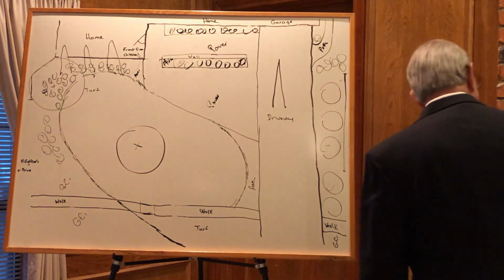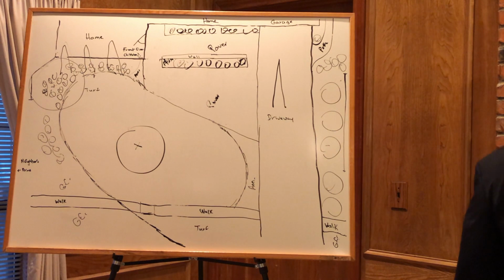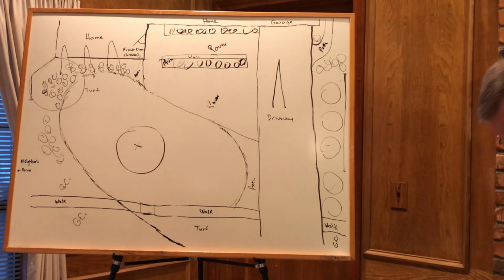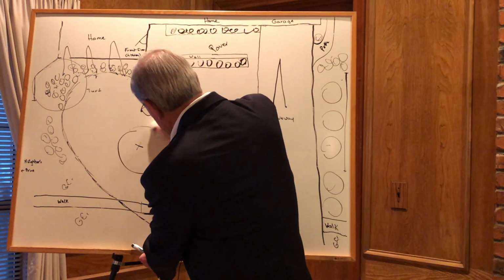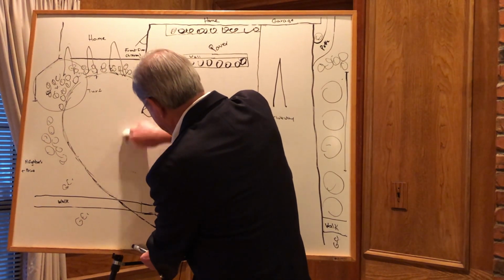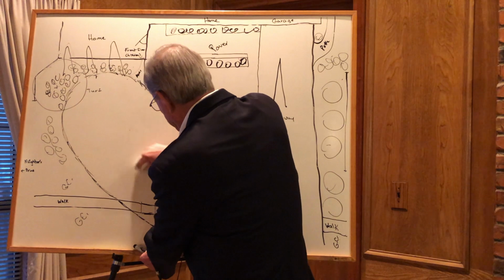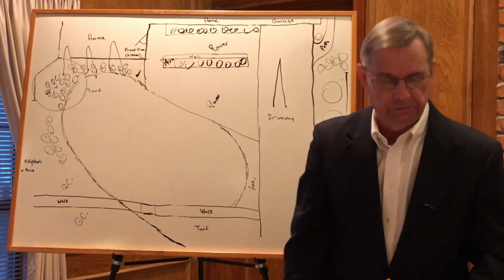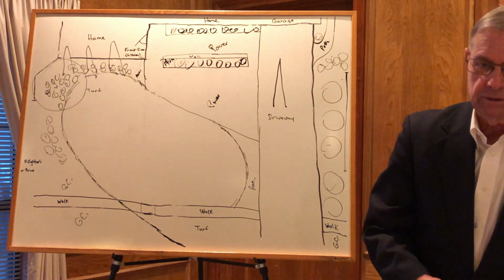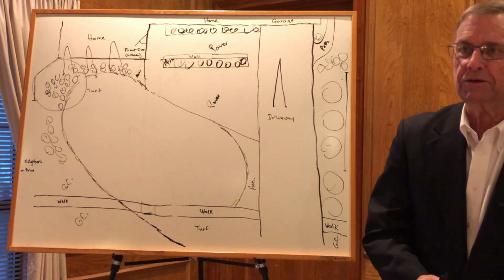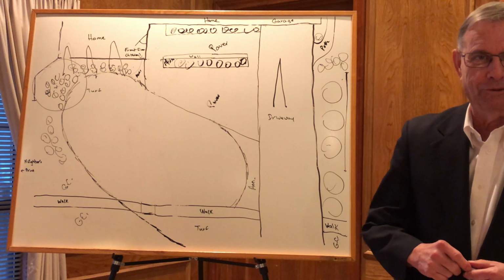So what is the answer for that? You have it taken out. And I've heard people say, oh, you don't ever take out a healthy tree. Absolutely you do if it's a detriment to your landscape. Even in West Texas, we take out trees if they're in the wrong spot.